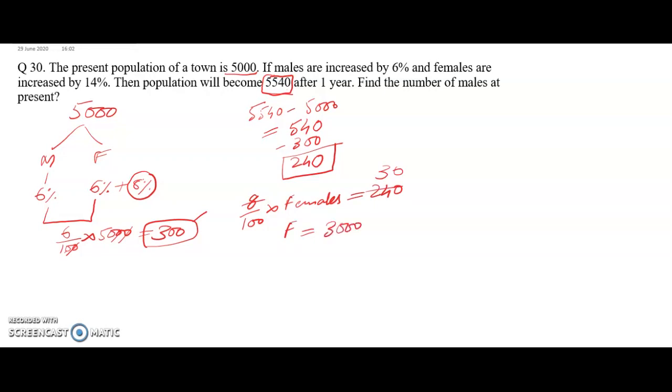And in this question we need to find out the number of males. So number of males will be 5000 minus 3000, which is 2000. So 2000 is our answer.